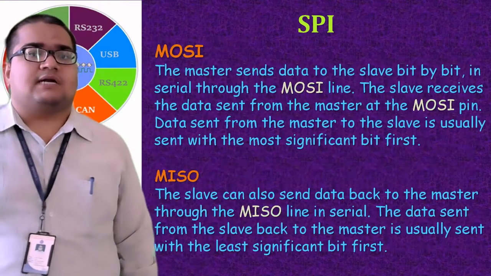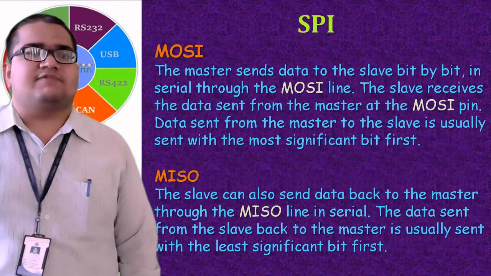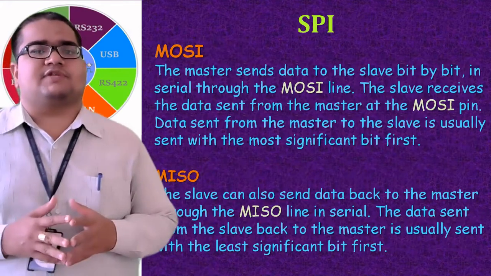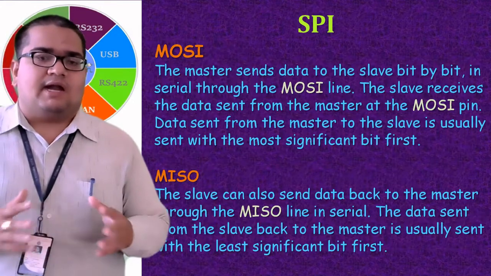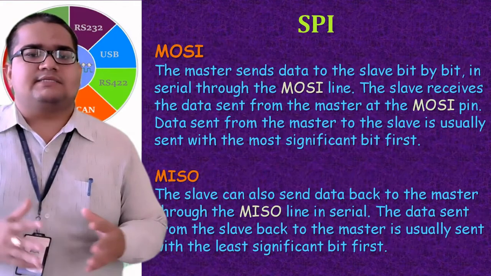With MOSI, the master sends the data to the slave bit by bit on this particular line serially, and the slave receives the data from the master. The MOSI of master is connected to the MOSI of slave. MISO of the master is connected to the MISO of slave, and likewise the clock and the slave select will also be connected in the same manner.